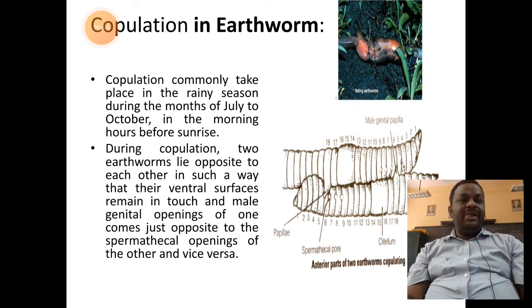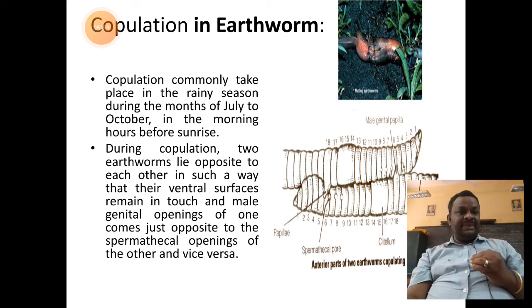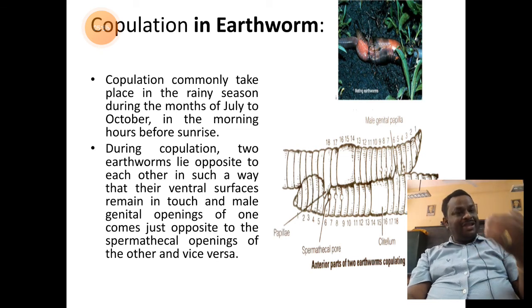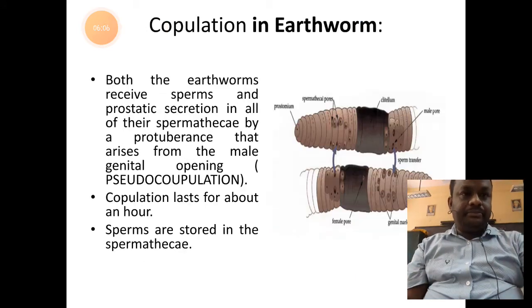So here the picture shows how the two earthworms of the opposite burrows face their ventral surfaces towards each other, and spermathecal pores of one earthworm will be facing opposite to the male genital aperture of the 18th segment of another earthworm.